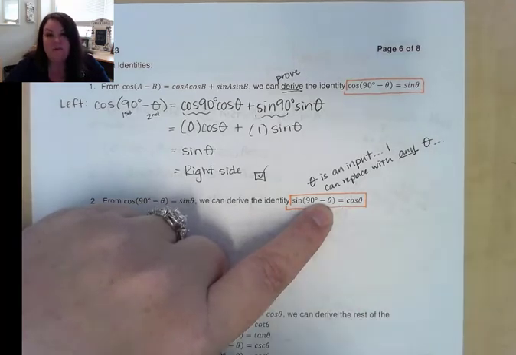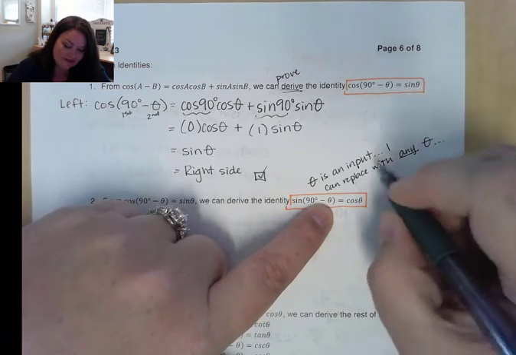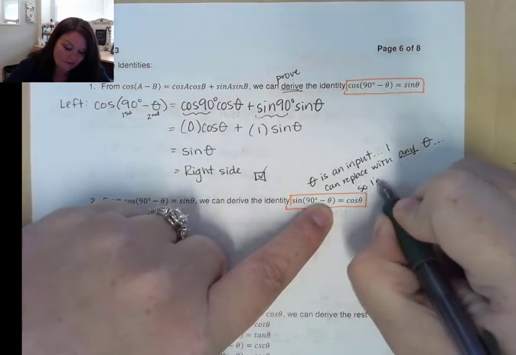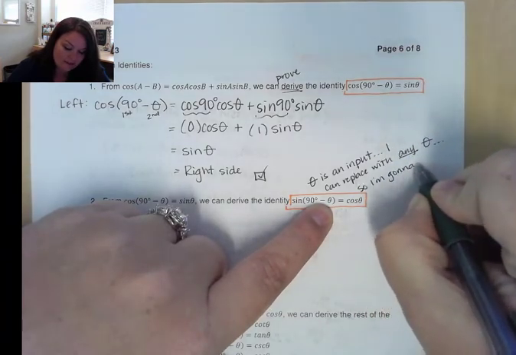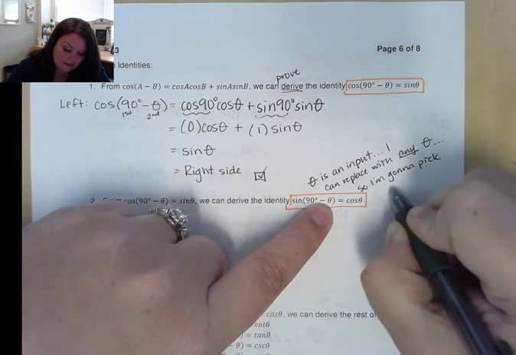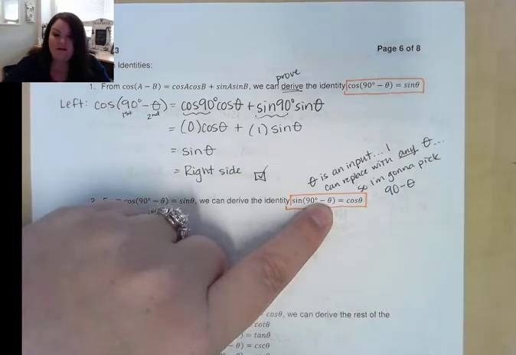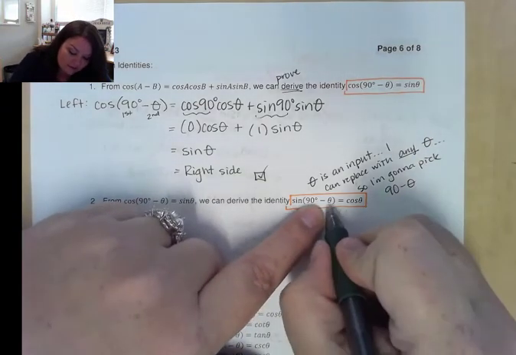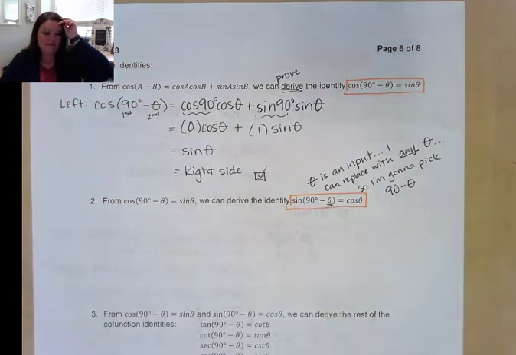So I'm going to pick a specific theta that helps me solve this. So I'm going to pick 90 minus theta to put in for this theta. Does that make sense?